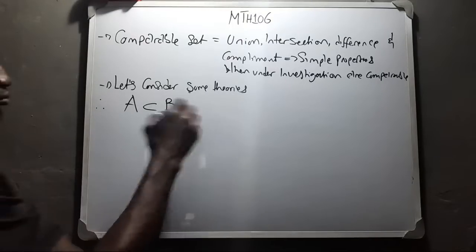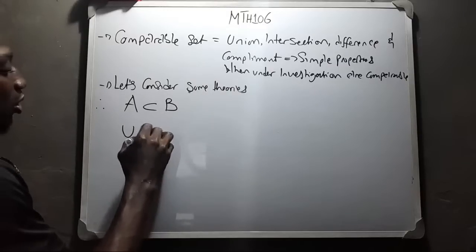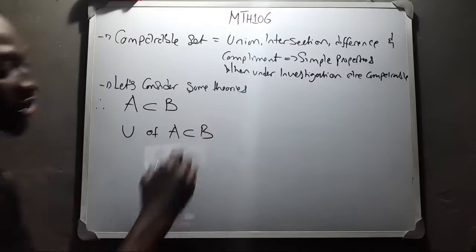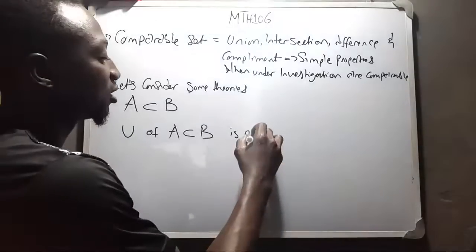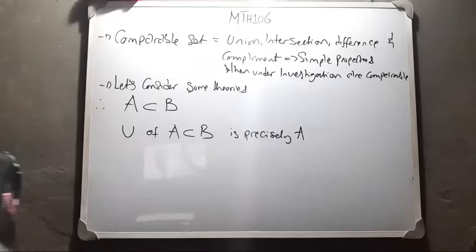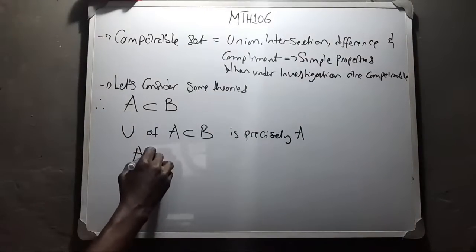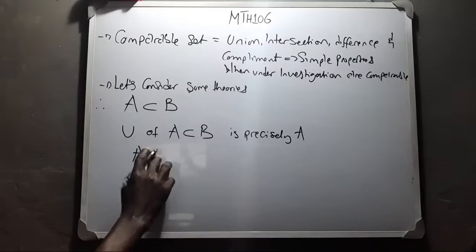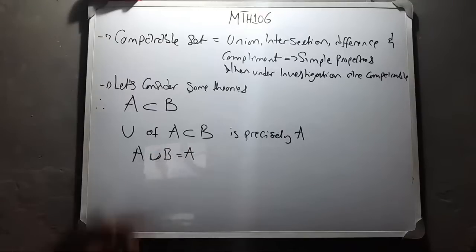So the union of A with the intersection of A and B is precisely A, which is true.